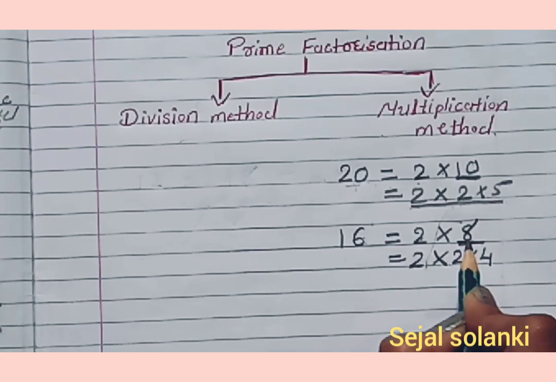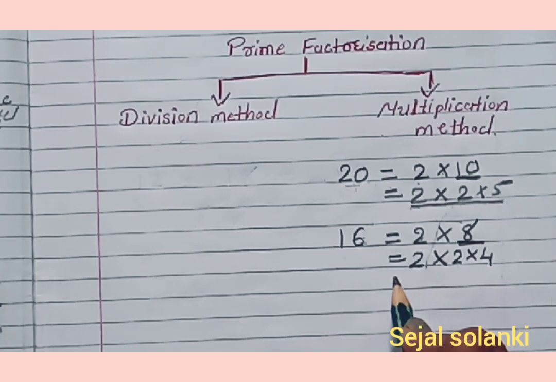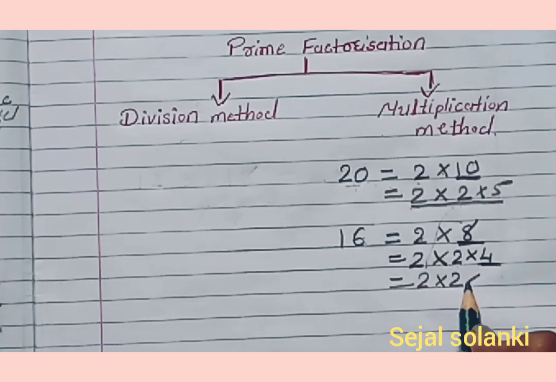So we break 8 into 2 parts, 2 fours are 8. Then once again, the one which is composite, we will underline it. Now 2 prime numbers we got, 2 into 2. Multiply. Now we will break this 4. How will we break 4? 2 twos are 4. Now let's check again.